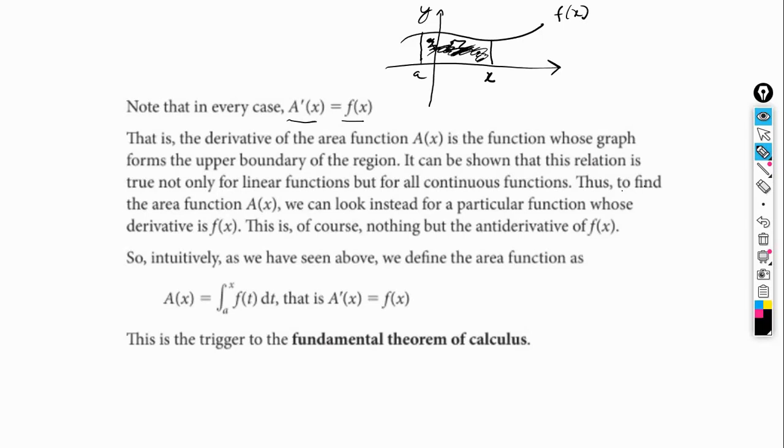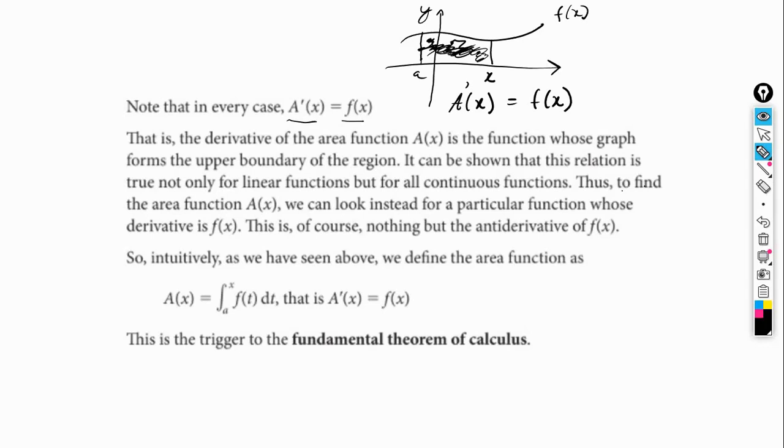So if this area here is A of x, then if we do the derivative of that, we're going to find the upper boundary of the region, which is the graph of f of x.